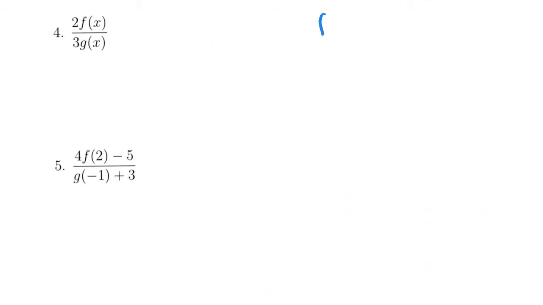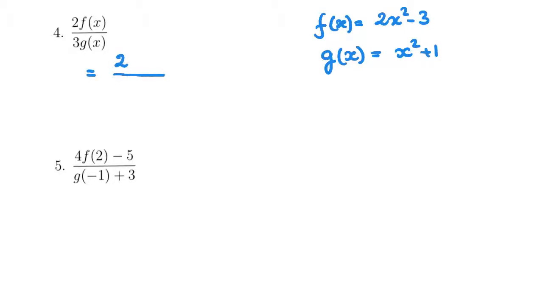So that is the answer here. Just a reminder here that the function f of x is 2x squared minus 3, and g of x is x squared plus 1. So this will be 2 times the function f, which is 2x squared minus 3, over 3 times x squared plus 1.